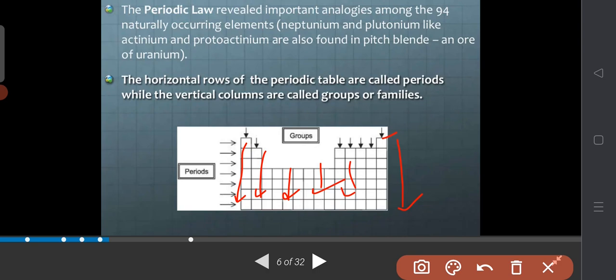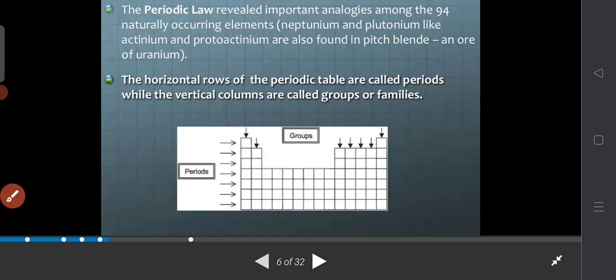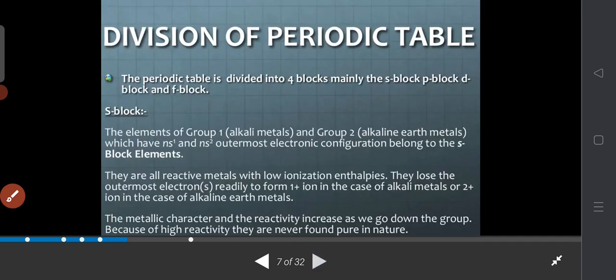If the valence electron is in the p orbital, it is called a p block element. When it is in the d orbital, it is called a d block element, and when it is in the f orbital, it is called an f block element.